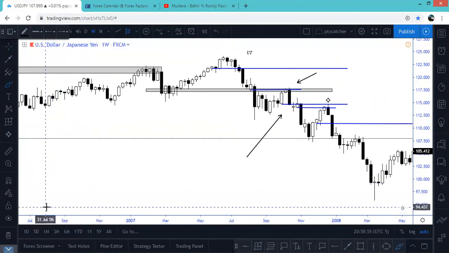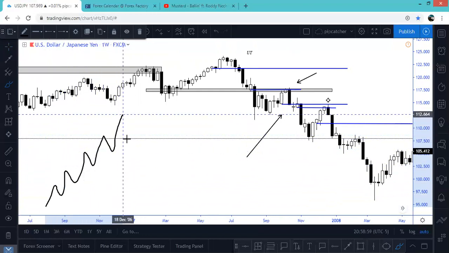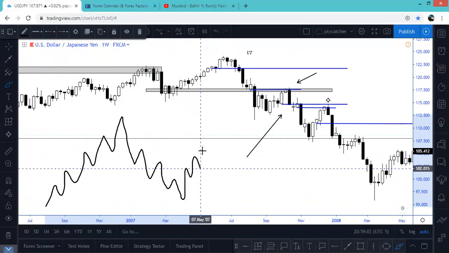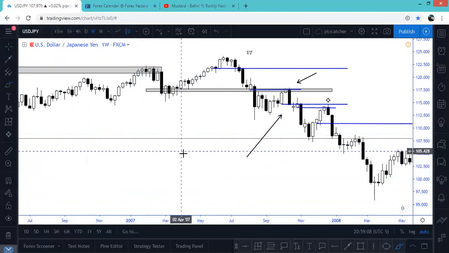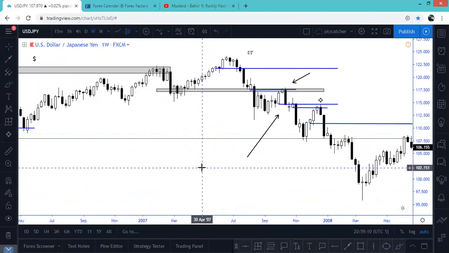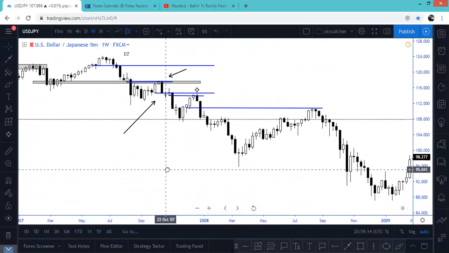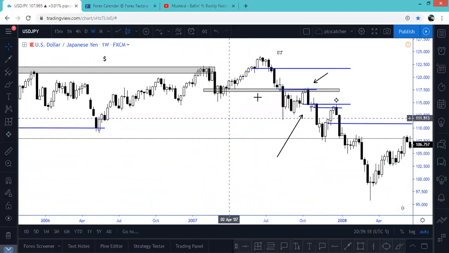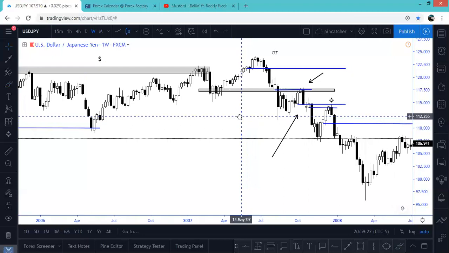If the market just straight up went like this and kept doing this, we'd all be millionaires. We'd all know what's coming next, when and how it's going to happen, and it's not like that.